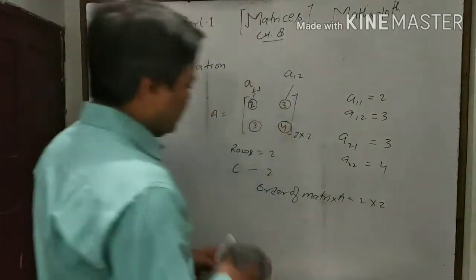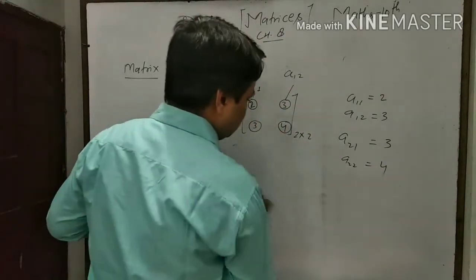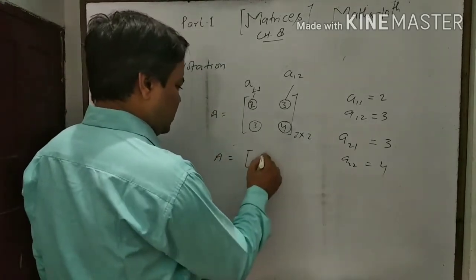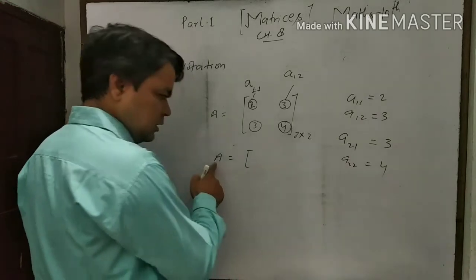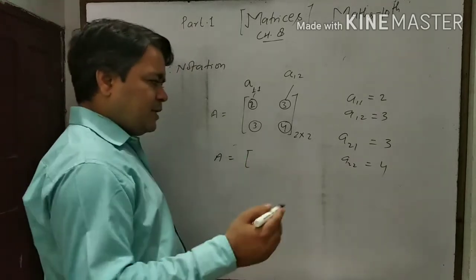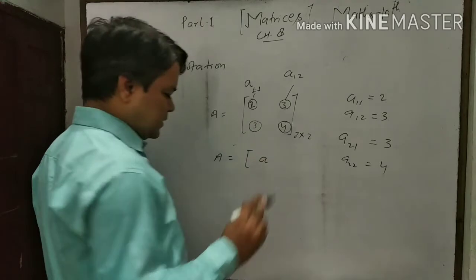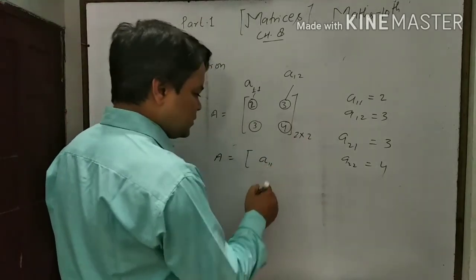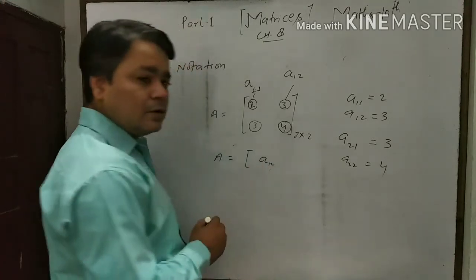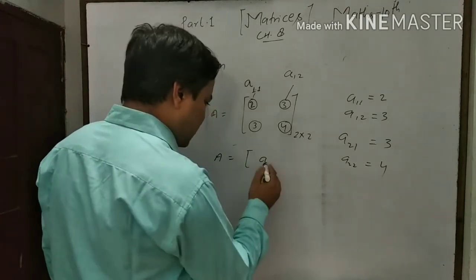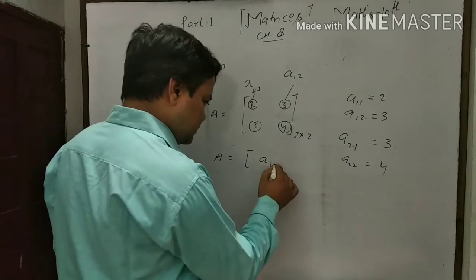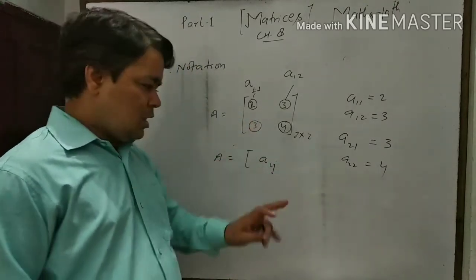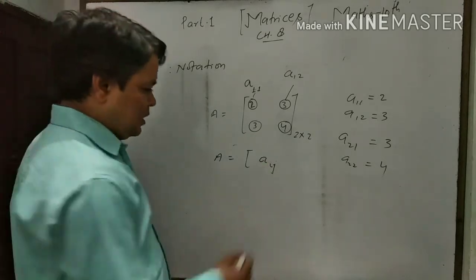Now if I want to represent its general form, let the matrix be A, and an element is always written in small letter, that is a. First row first column will be written this way, first row second column this way, but the ith row and jth column: i represents the row number and j represents the column number.